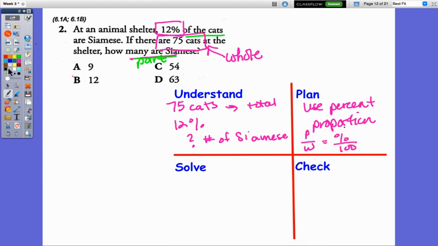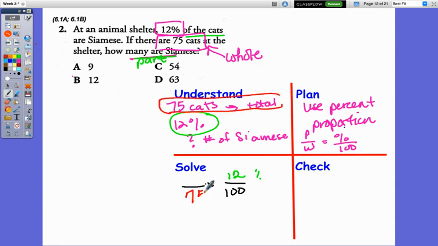So down here, I'm going to set up my proportion. I'm going to put my 100 in its place, and I have 12%, so I'm going to put that in the percent box. And then I have a total of 75, so I'm going to put that here. I am looking for the number of Siamese, so that's my blank. We're going to come in here and cross multiply.